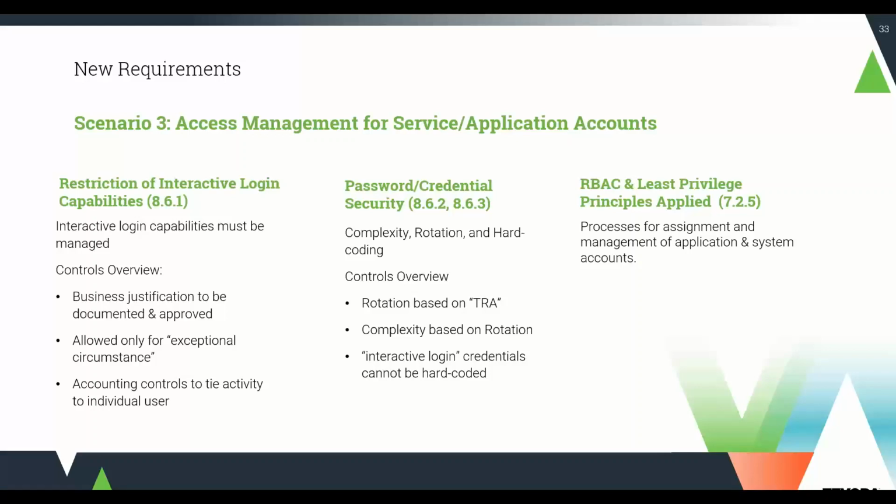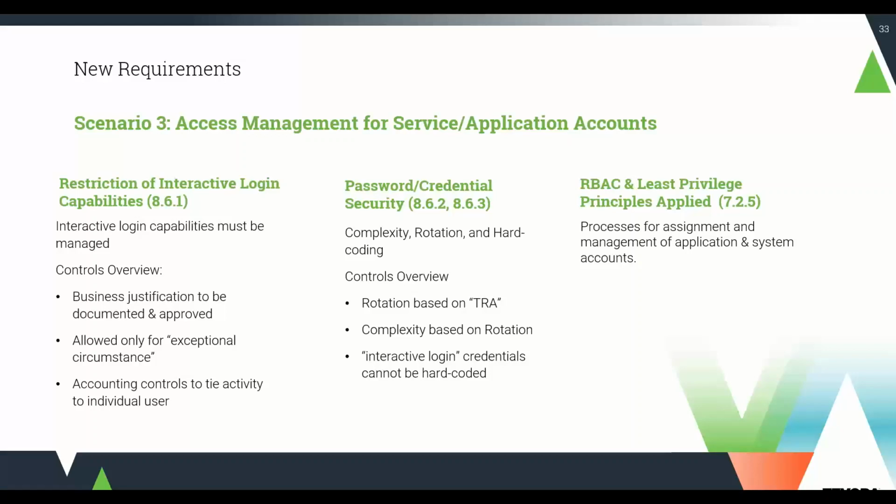And lastly, accounting controls or audit trails need to be implemented to tie activity to an individual user, even if it's a shared application account. We may expect to see multiple SSH keys assigned for a single application account, for example, just to make sure that each of those keys can contain a unique signature or some sort of correlation to the individual user using that key for that account.